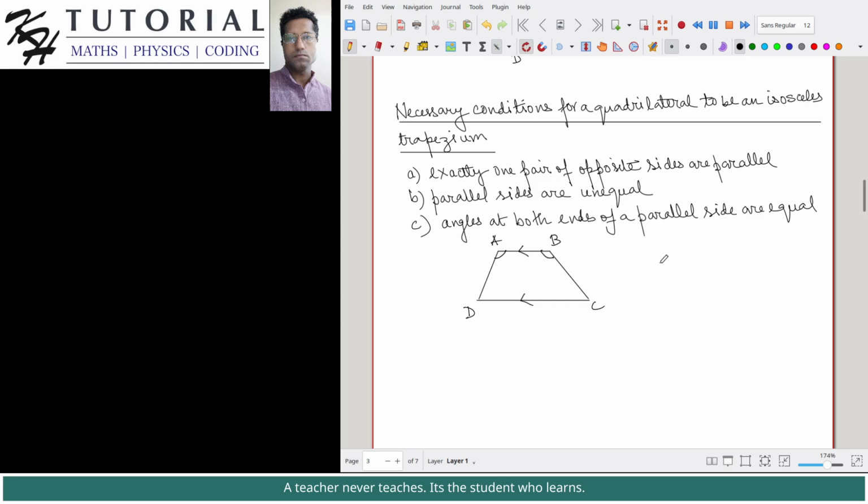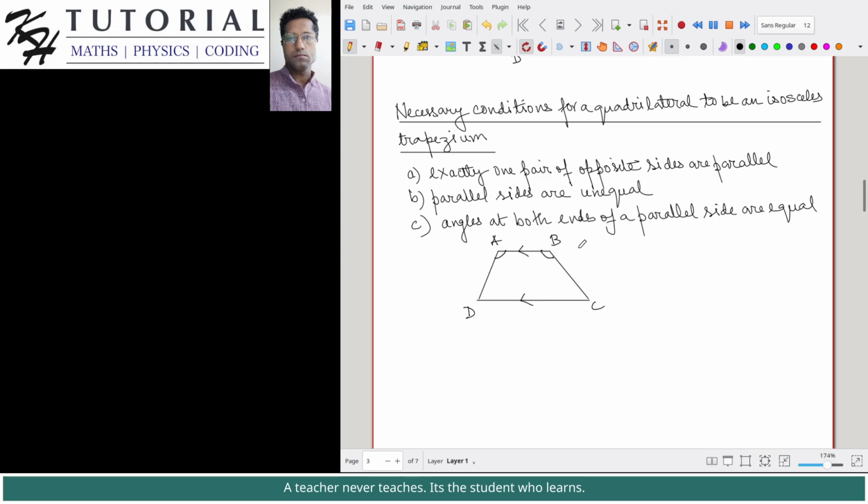So this is the scenario: ABCD is a quadrilateral, AB is parallel to DC. AB and DC are the opposite sides, and they are parallel and of unequal length.